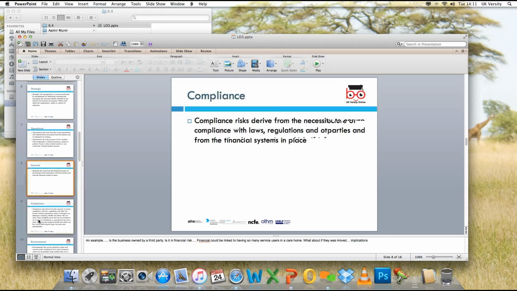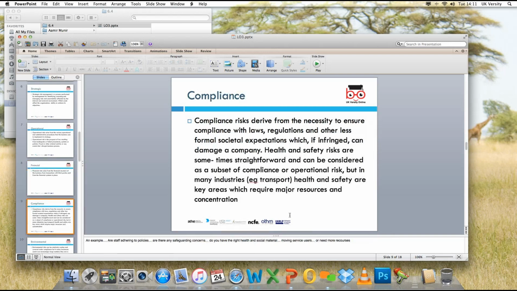And then compliance risks arise from the necessity to ensure compliance with laws and formal society expectations. Health and safety risks can sometimes be considered a subject of compliance or operational risk. But in many industries, health and safety are key areas, like what you've just spoken about.